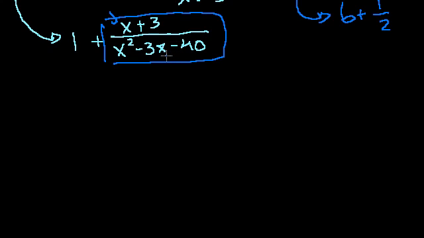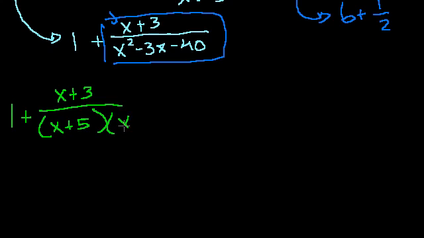So it has to be minus 8 and plus 5. So we can rewrite this as 1 plus x plus 3 over x plus 5 times x minus 8. Right? 5 times negative 8 is minus 40. Plus 5 minus 8 is minus 3.